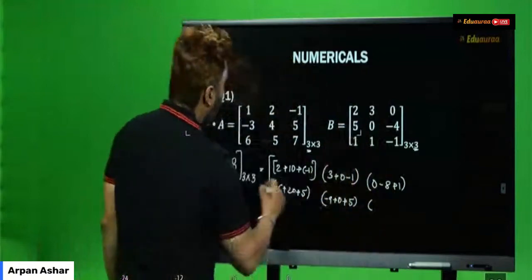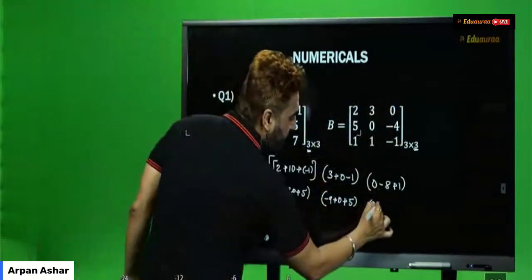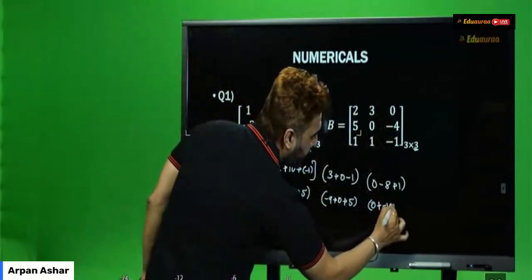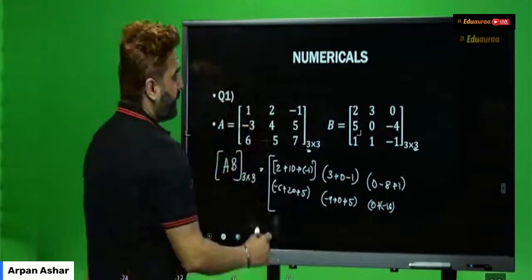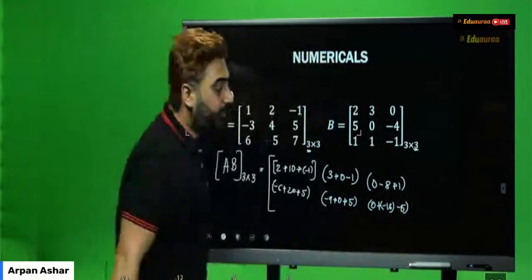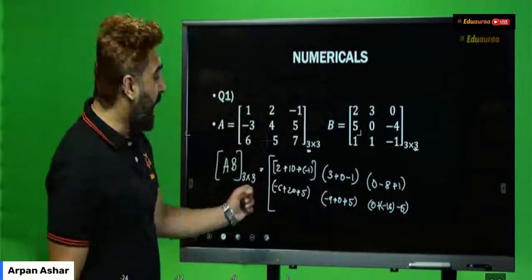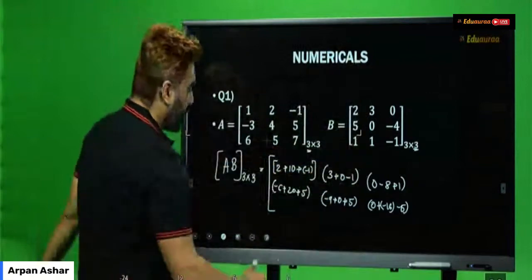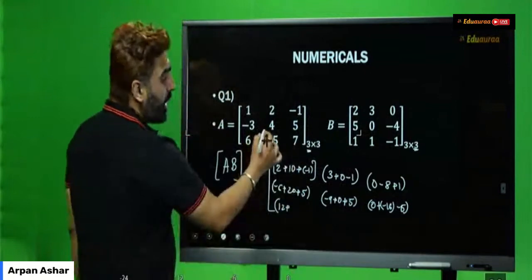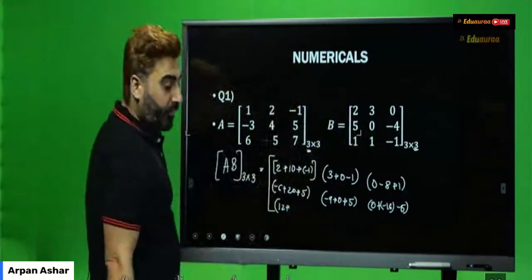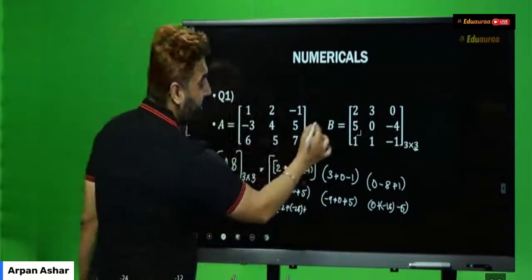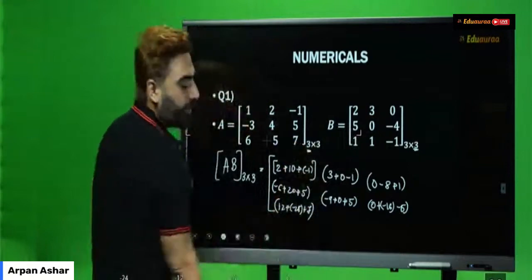So this will be -3 into 0, 0, plus 4 into -4, -16, plus 5 into -1, -5. Then 3,1 क्या आएगा? Third row, first column. So that is 6 into 2, 12, plus -5 into 5, -25, plus 7 into 1, 7.